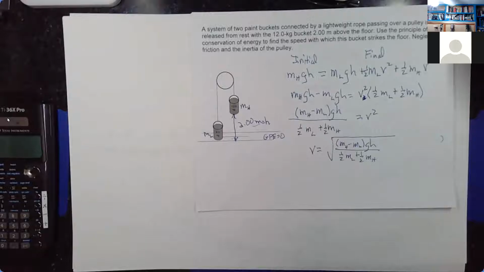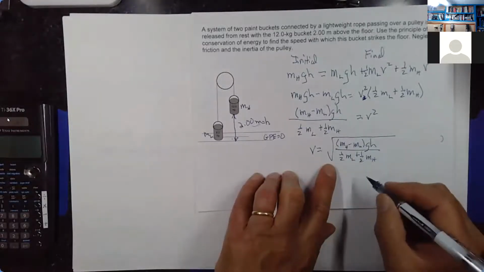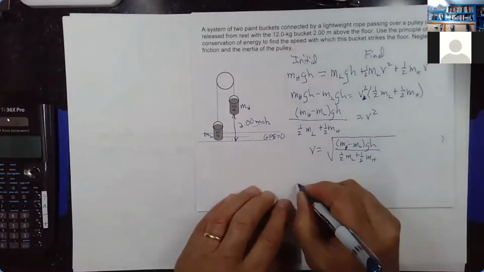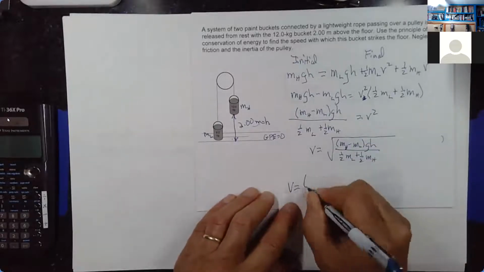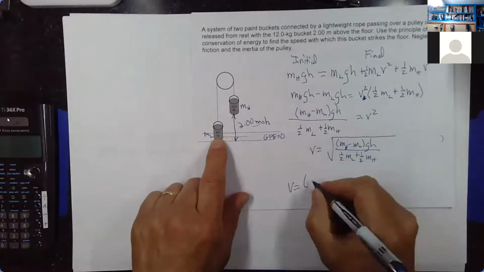And let's see what we get. That was M sub H. Okay, well, M sub H minus M sub L is going to be 4.0 kilograms.